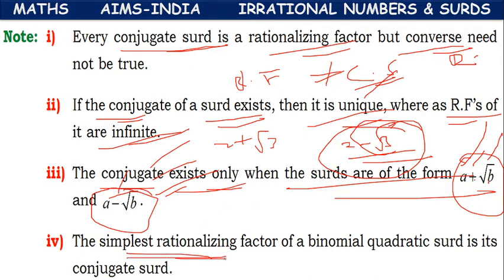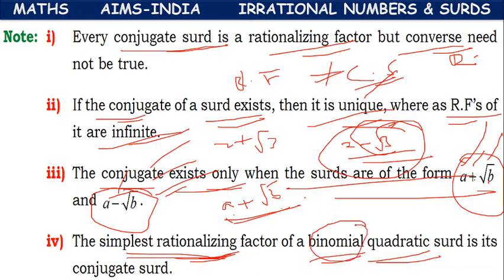So the simplest rationalizing factor of a binomial quadratic surd. Now here a plus root b is a binomial surd because it has two terms. It is called a binomial. But here the order of the surd is 2.